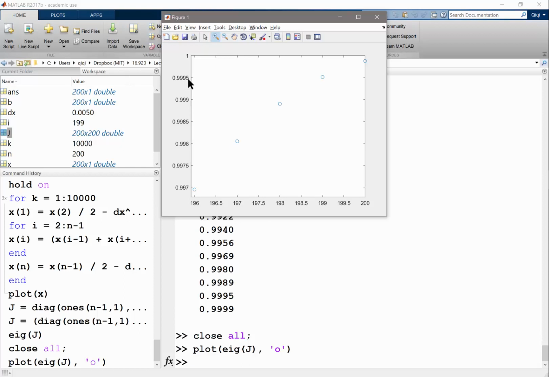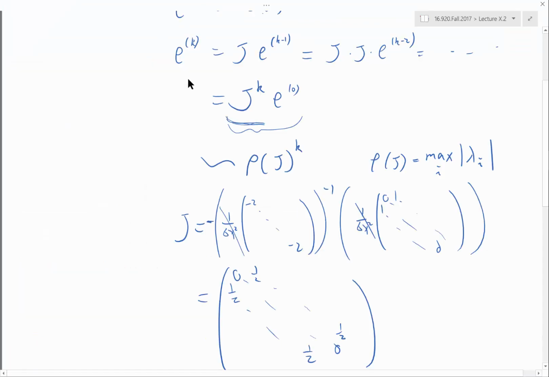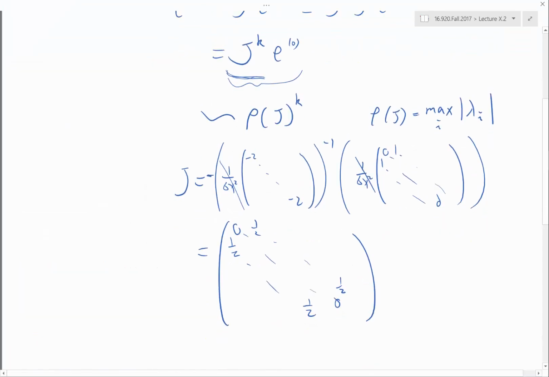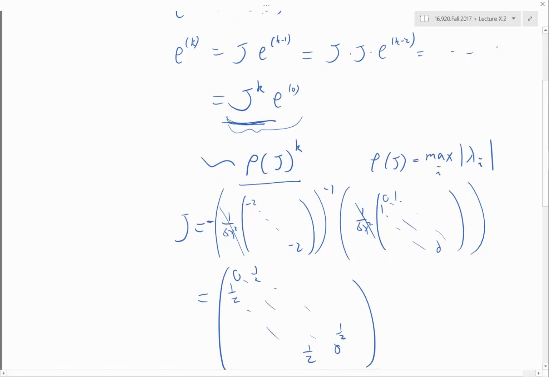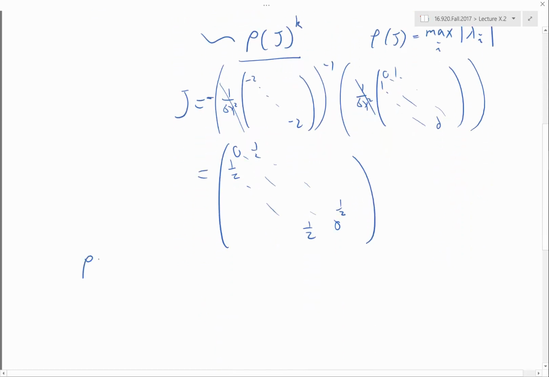So that's actually a pretty good estimate of how many iterations it takes us to converge, right? Because if the spectral radius is very close to 1, let's say the spectral radius is 1 minus 10 to the minus 4, this to the kth power.